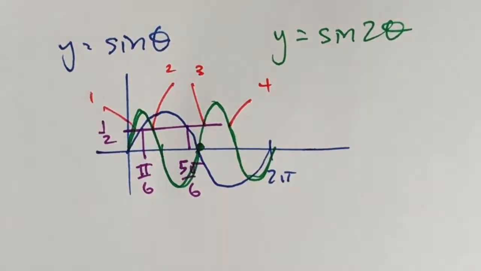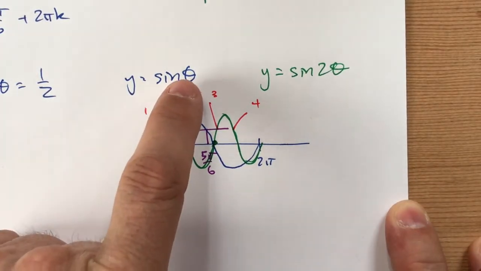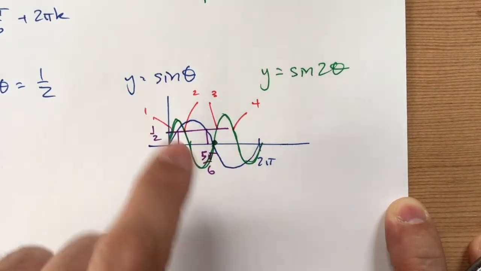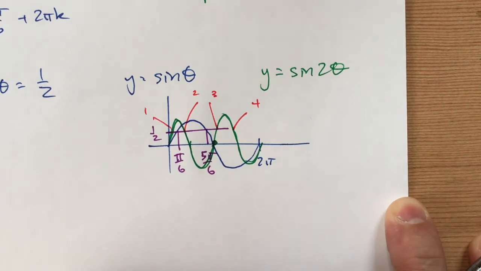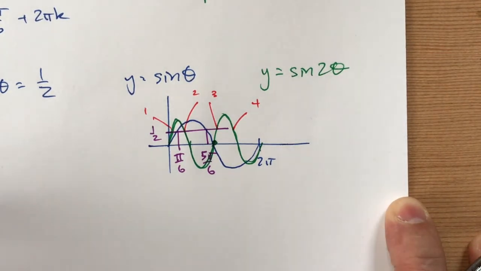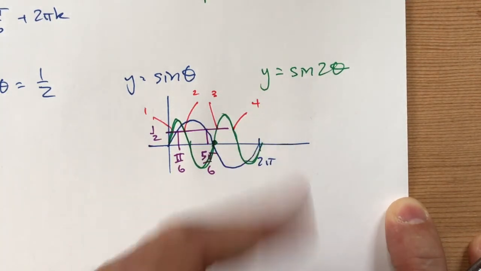So a good rule of thumb, just so you guys know, is that if the b value here is 1, there's a maximum of 2 answers. But if I put 2, that means I have twice as many cycles, so I'm gonna have twice as many answers, right? 2 green cycles here, so I'm gonna have twice as many answers.